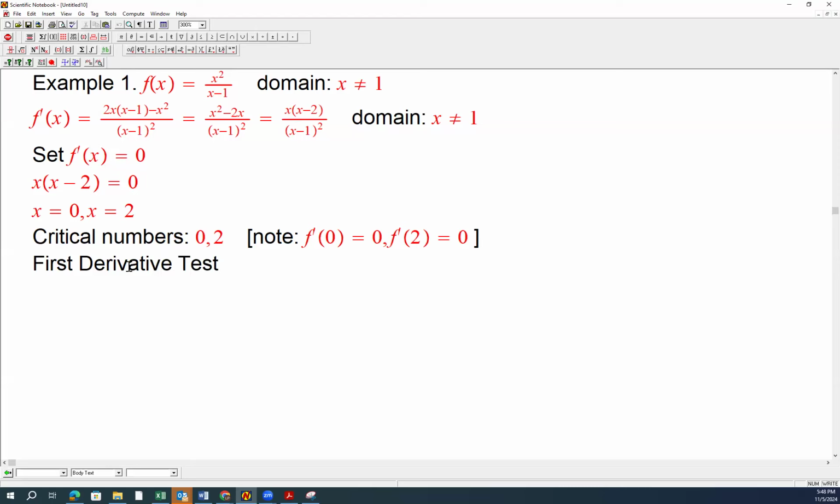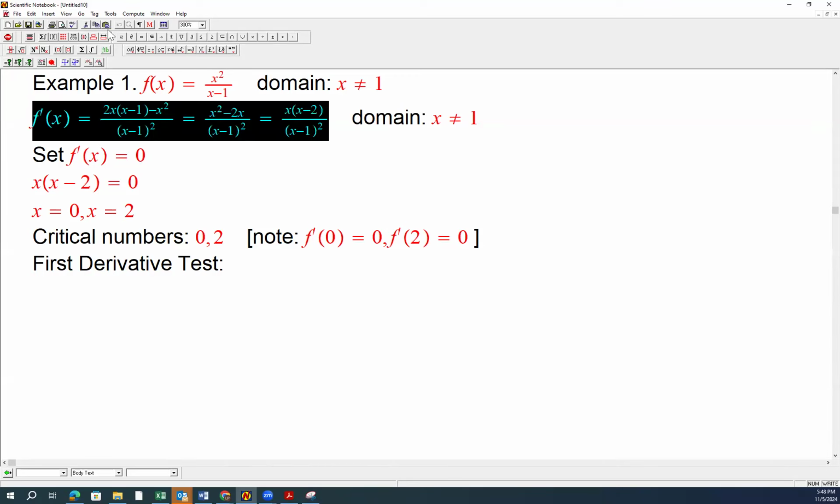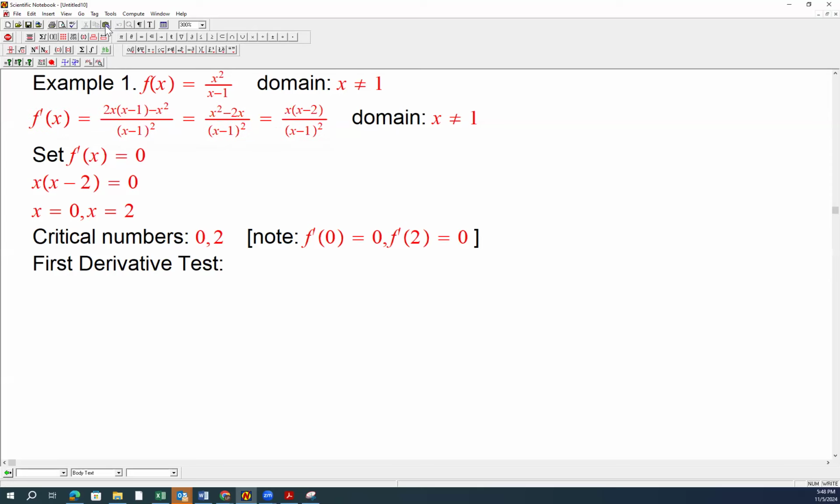For the first derivative test, we need to basically know the sign changes, right? So we need to discuss the sign changes of the first derivative. Okay, first derivative here. And we can just clean up all of these, right? Denominator is always positive. The numerator is a product of x times x minus 2.